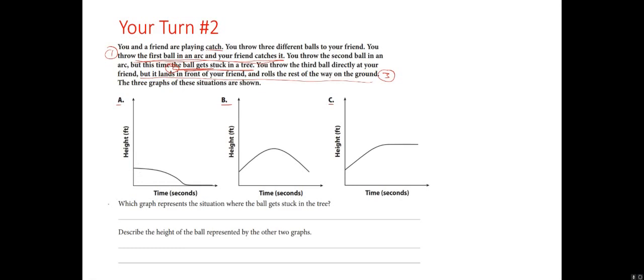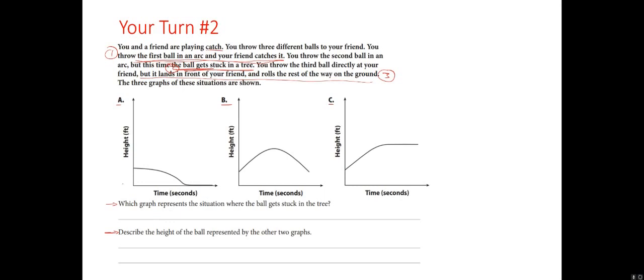Now, this question: which graph represents a situation where the ball gets stuck in the tree? Well, the tree is probably not on the ground. So talk to your buddies and see which one is that situation. And then after that, describe the height of the ball represented by the other two graphs.